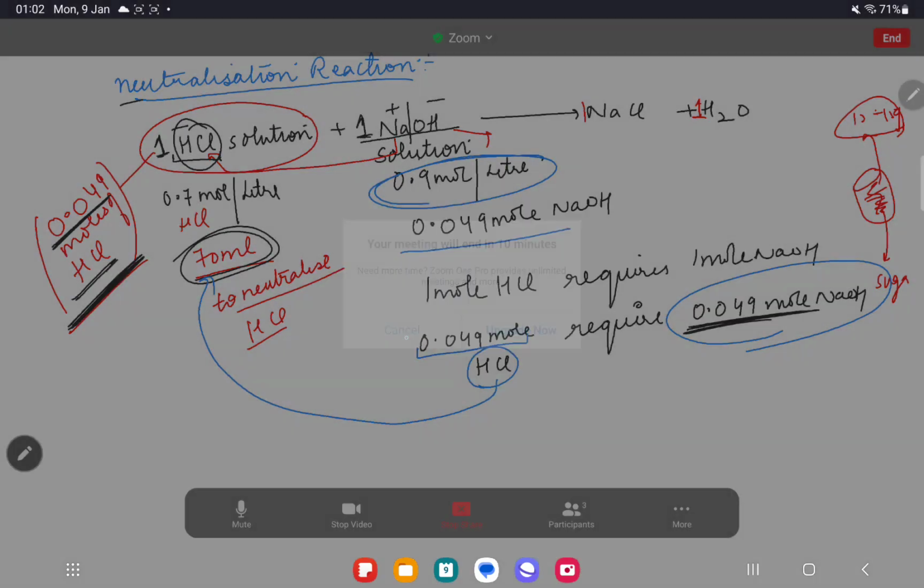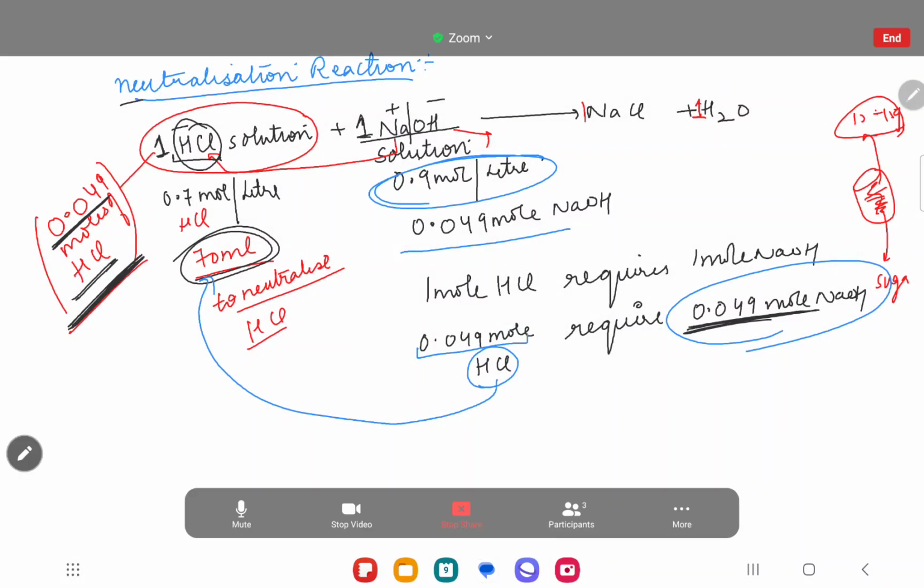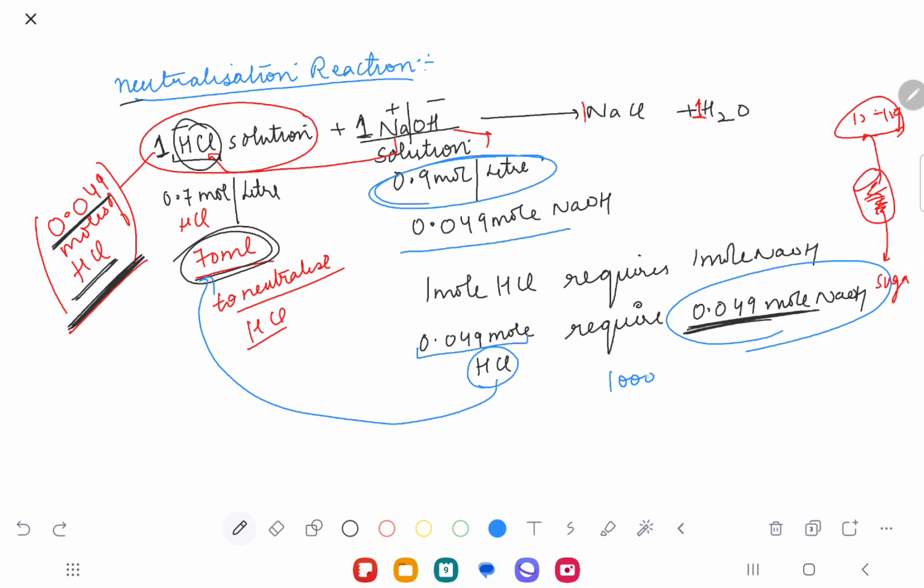So you say this now. You say that ma'am, 1000 ml of solution. So I would say 0.9 moles of NaOH is present in 1000 ml solution. Yes or no?